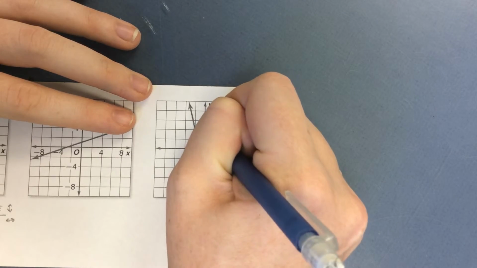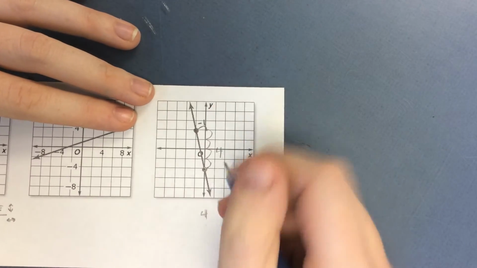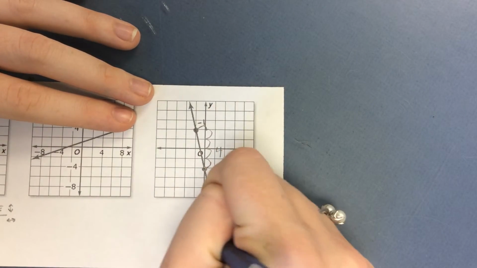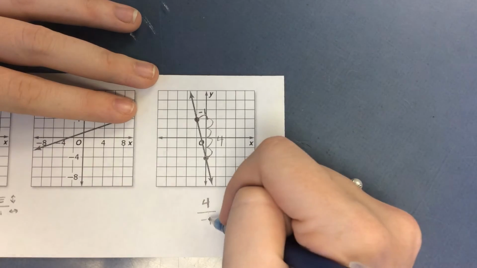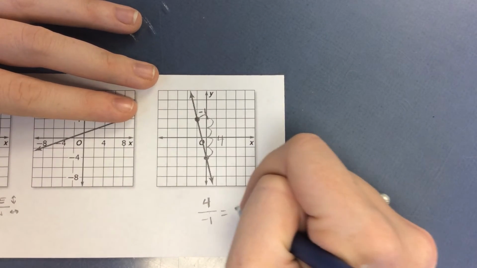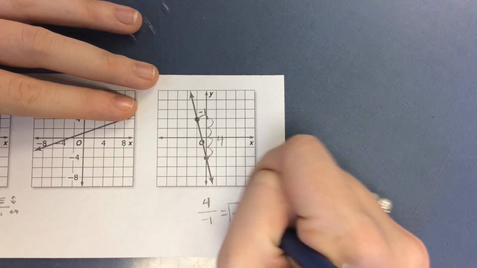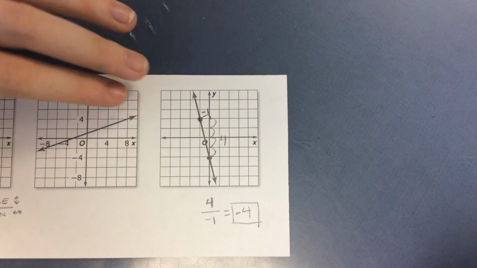Again, if you go to the left, it's negative. So we went up 4 and over 1, so our slope is 4 over negative 1. How many times does negative 1 go into 4? Well, 1 goes into 4 4 times, so that reduces to negative 4 as your slope.